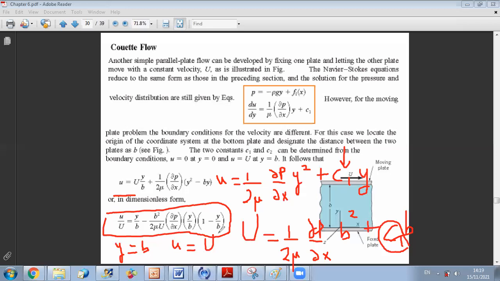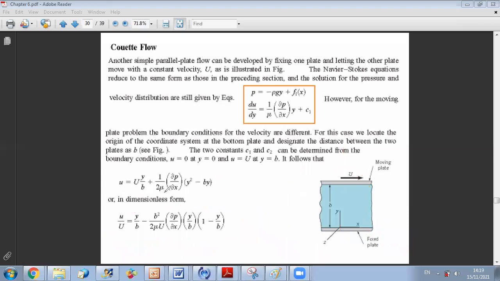First, here, flow can be driven just by the moving plate. No need for a pressure gradient. You know why? Because if del P by del x is 0, if you don't impose a pressure drop through your system, your flow will still move, but the variation of your velocity will be linear.